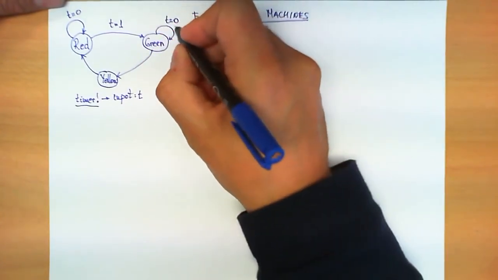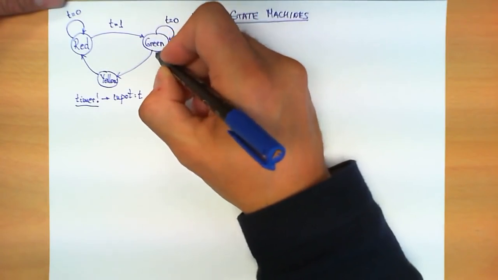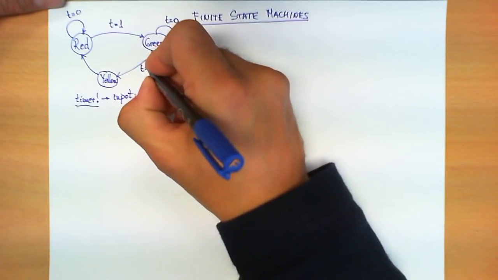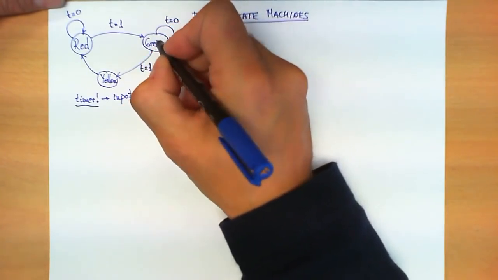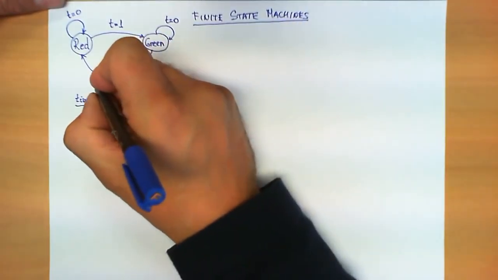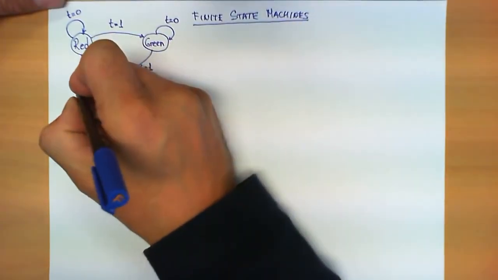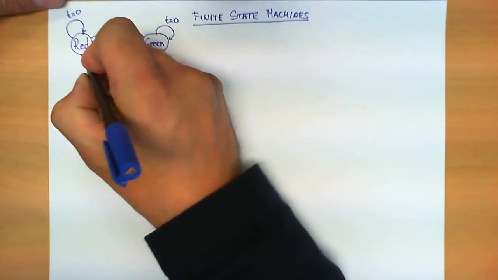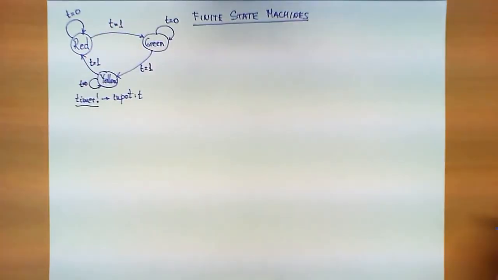When the light is green and the timer hasn't turned into 1, the light remains at green, but when the timer becomes 1 again, the light makes a transition from green to yellow. And similarly, we have the same situation here for t equals 0 and the transition for t equal 1.